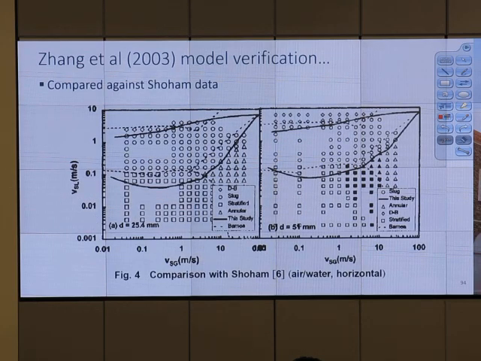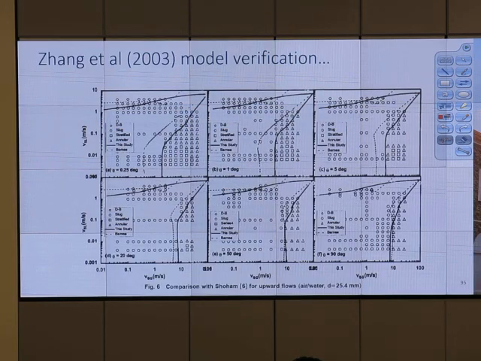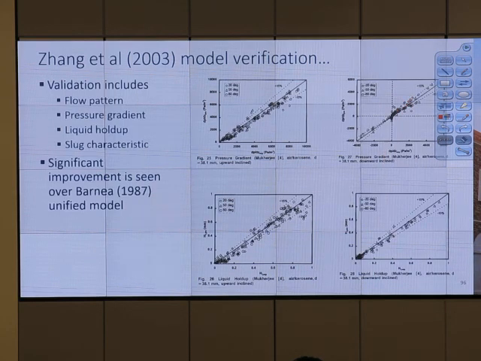Basically they claim that based on their data bank, it is better. Look at this line and that line, there are some differences, right? So this is the Bunny unified and this is the new unified model. The difference is clear that the new one is better.